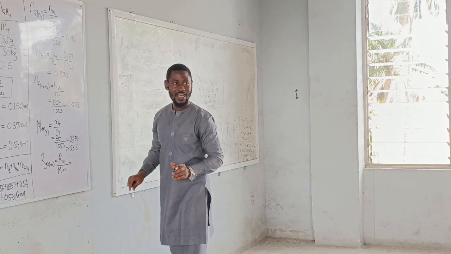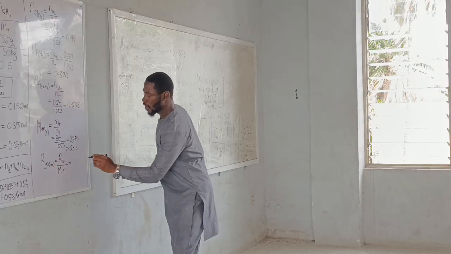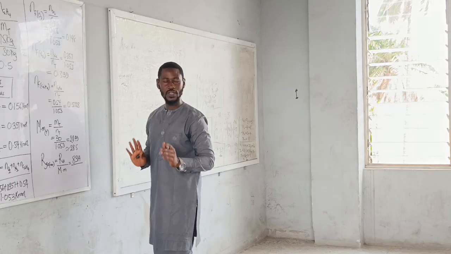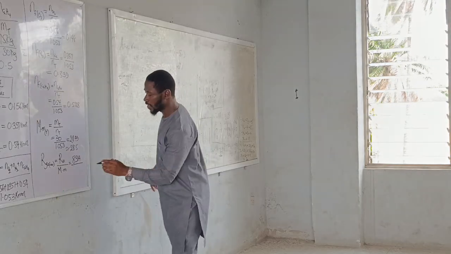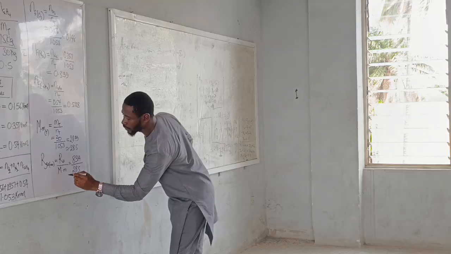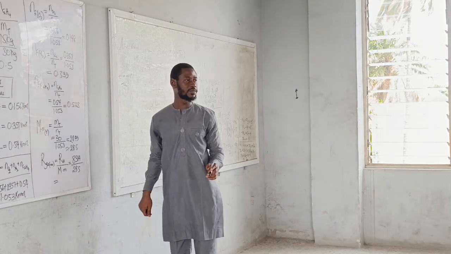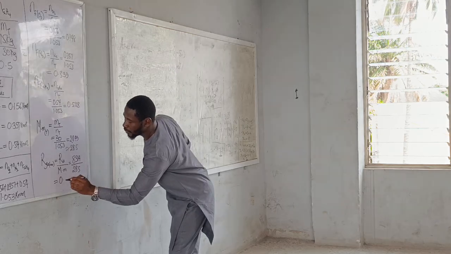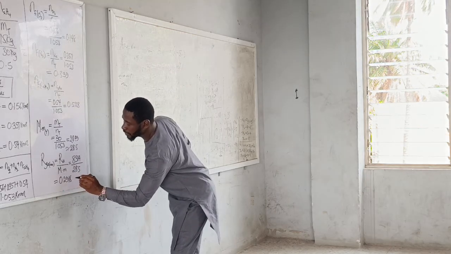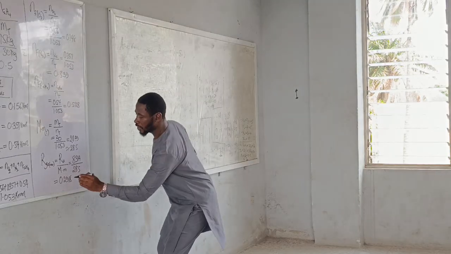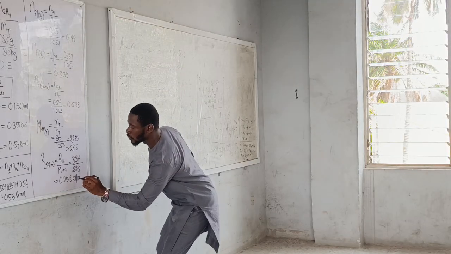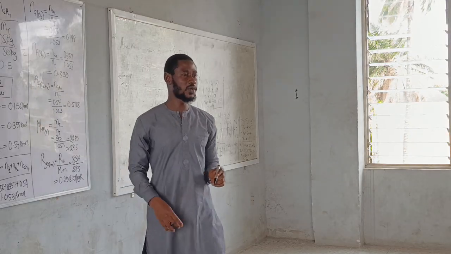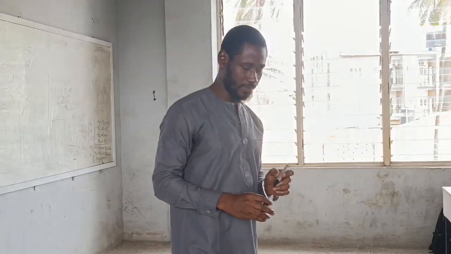The universal gas constant is 8.314, divided by the molar mass of the mixture, which has been calculated to be 28.5. So when you divide this, what do we have? 0.2918 kilojoule per kilogram Kelvin. So we are done with the problems that we are asked to solve.